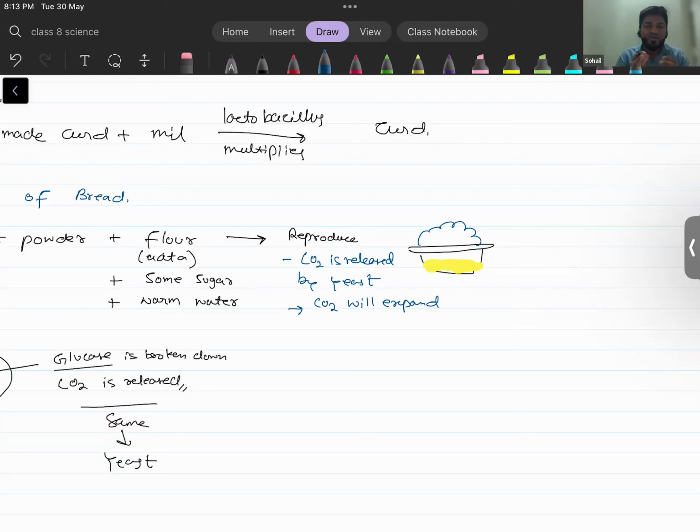That's how, utilizing this respiration due to which carbon dioxide is released, people make bread in the industry. And the bread which is made is actually soft. If the bread makers don't add yeast powder, the bread which is made will be very hard.